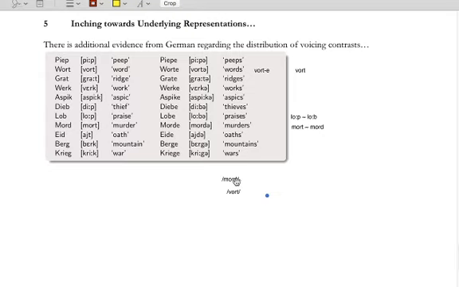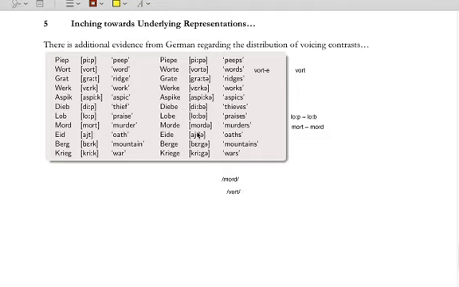So when you pop this into a phonological word and it's not followed by a vowel, it will sometimes take on the allomorph mort. This is matching what we've already seen about the distribution of voicing contrasts in the German lexicon, but now we're able to use morphological alternations to show what would happen if a word final voiced obstruent did pop up in German.